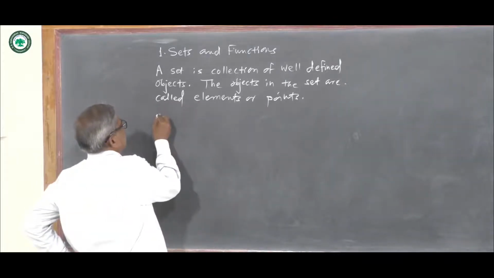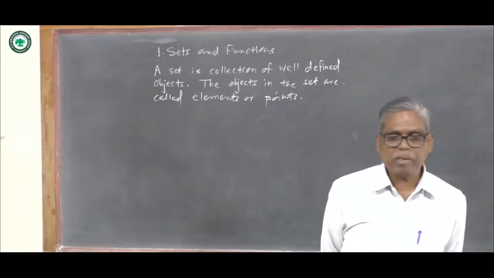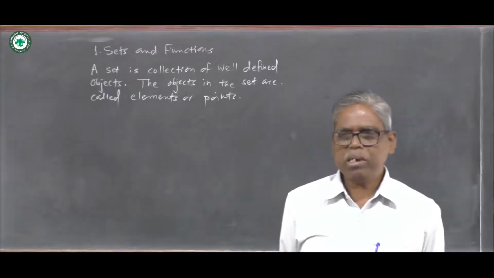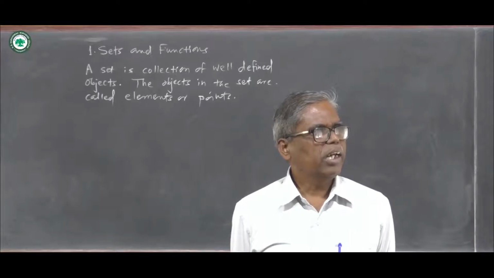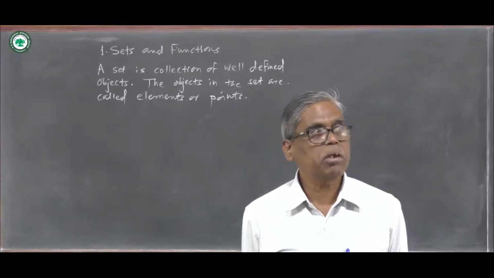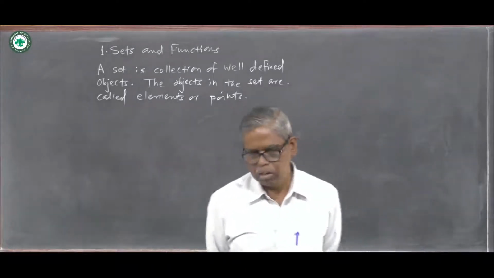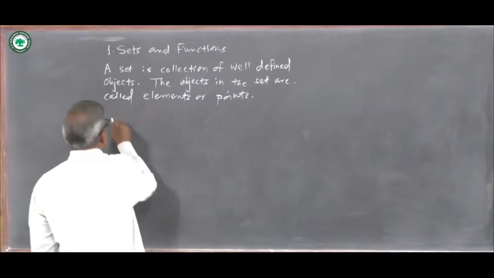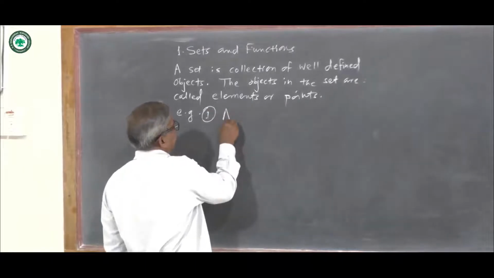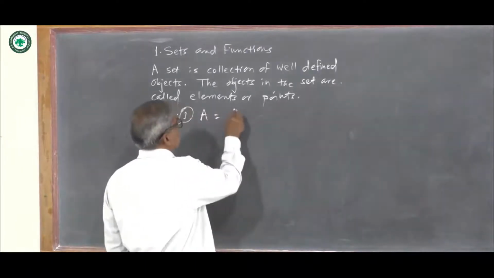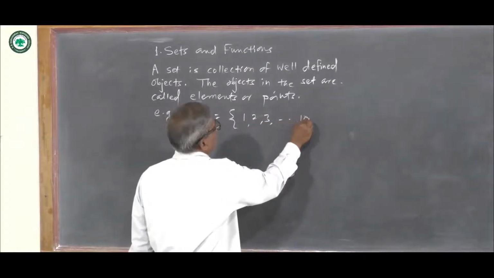For example, the sets are denoted by capital letters, capital A, capital B, capital C, or capital P, capital Q, capital R, and objects or elements or points are denoted by small letters, small a, small b, small c, and so on. For example, number 1, capital A is equal to the set of 1, 2, 3, and so on up to 10.